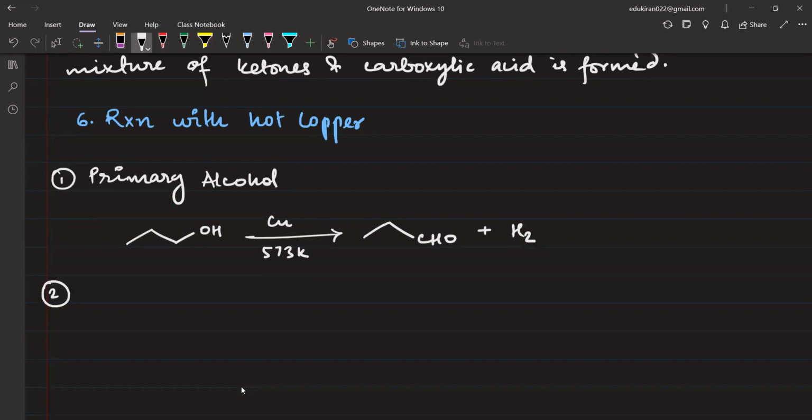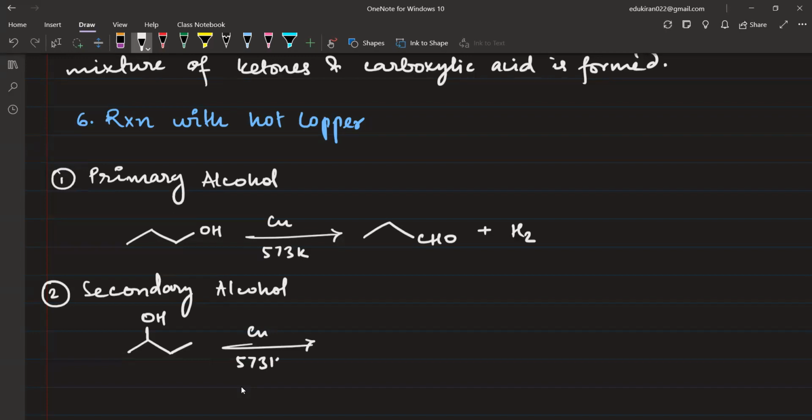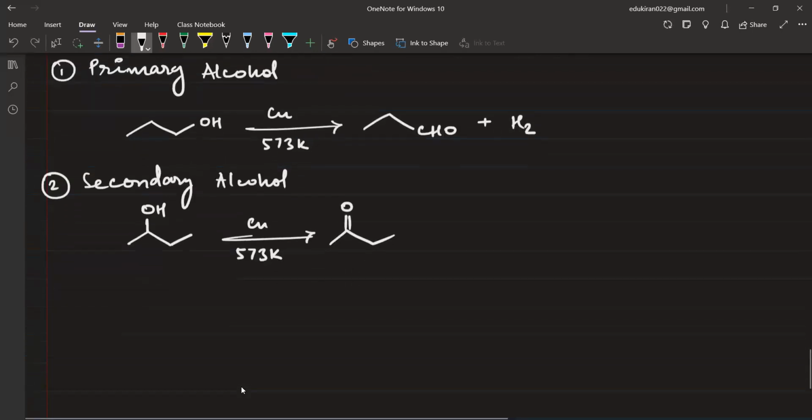When you have secondary alcohol, copper, 573 Kelvin, then you will get ketone plus H2.